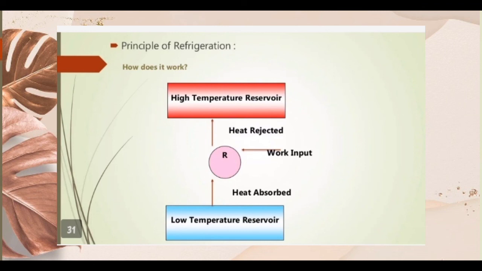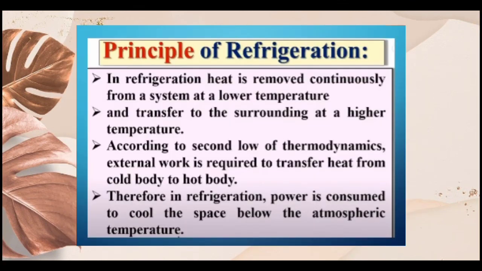The object of refrigeration is to remove heat from the cold medium. The object of a heat pump is to supply heat to the warm medium. Refrigeration is defined as the process of providing and maintaining a temperature well below that of the surrounding atmosphere. In other words, refrigeration is the process of cooling substances.